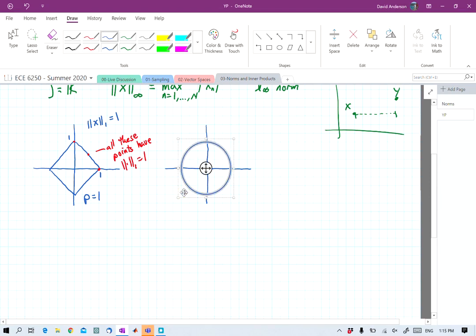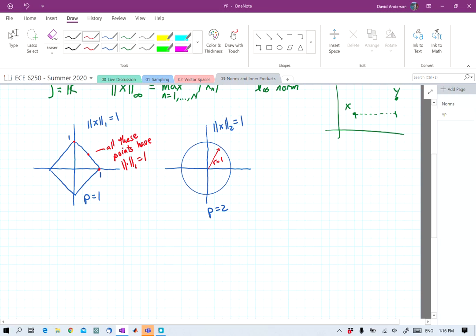The next one is this. You've seen this one before. If p equals 2, this is what we call the unit circle, and all points on that unit circle have an L2 norm of 1. So we have a radius of r equals 1, and all points on that circle have a norm of 1.